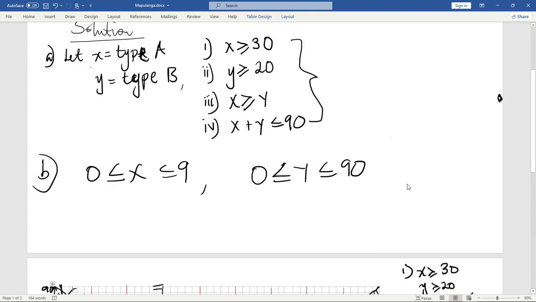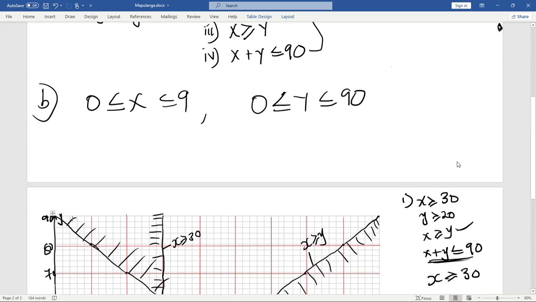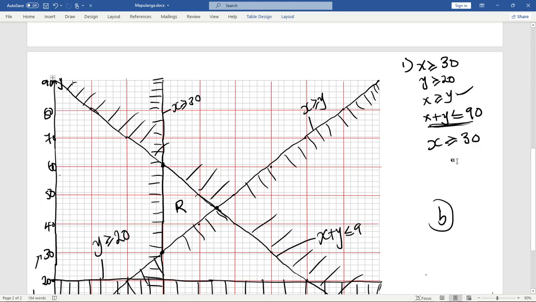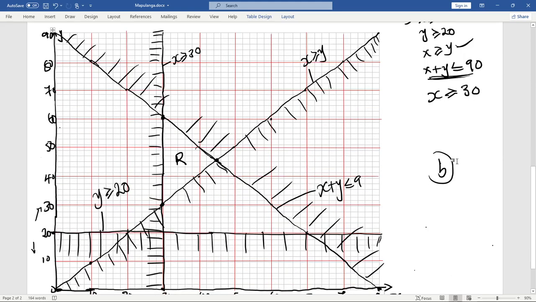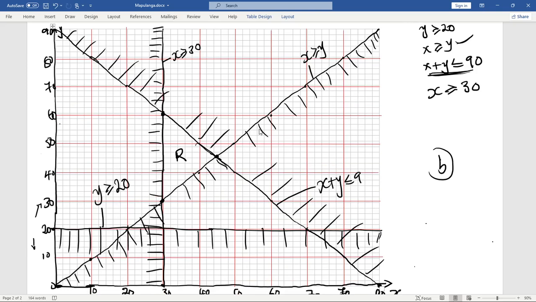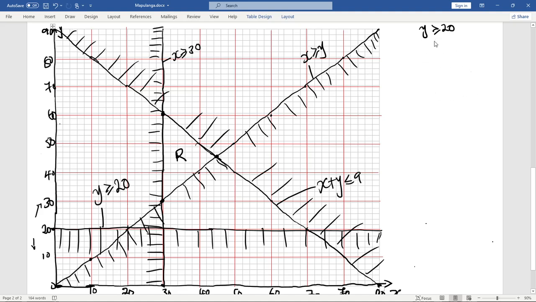So what we simply do here is, we're going to erase this. So I'm going to erase what we have here so that we answer C nicely.